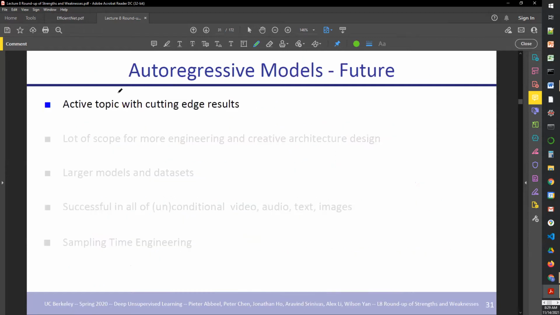Continuing the same topic, it's still an active topic of research. Keep in mind, obviously, the course is targeted towards advanced masters and PhD students, so it's telling them what kind of domains are interesting to pursue. More engineering, especially from a sampling perspective, speeding up sampling as we saw, and also architecture design to do some of the trade-offs we talked about towards the end of the last slide.